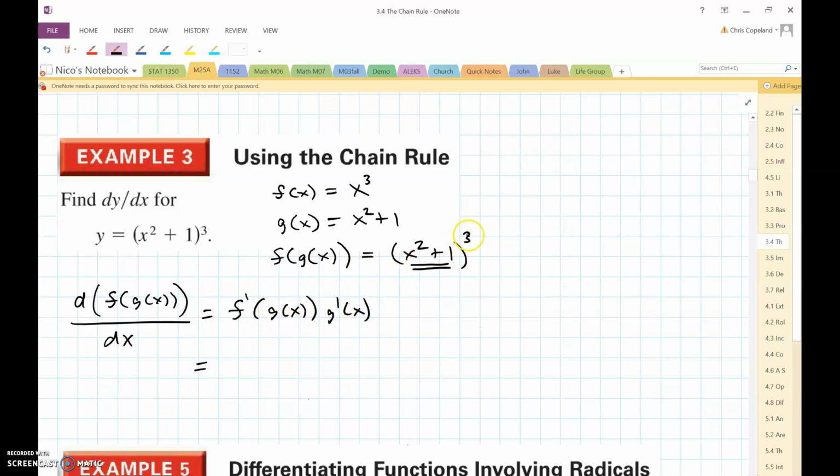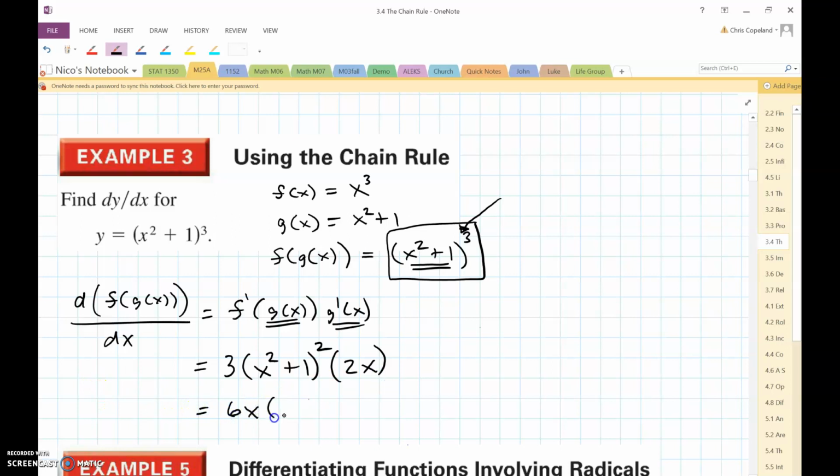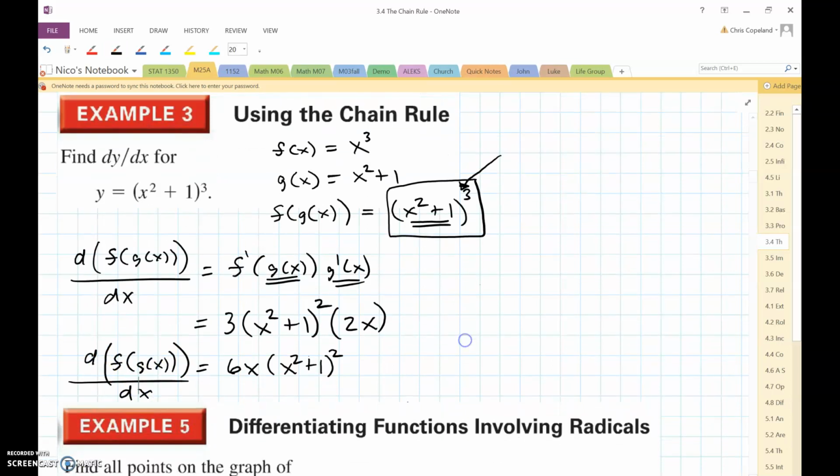Where f prime of g of x, if I take the derivative of this using the power rule, is going to be 3 times x squared plus 1, squared, and then I have to take the derivative of g of x, which would be the derivative of x squared plus 1, which would be 2x. Then I could simplify this a little bit. I could make this 6x times x squared plus 1, squared. That would be the answer there.